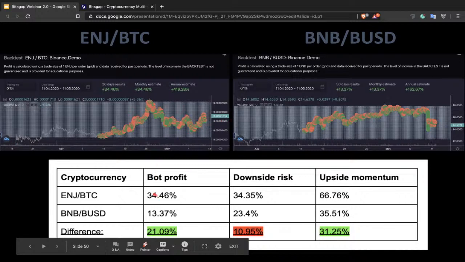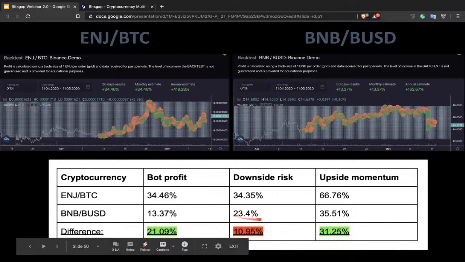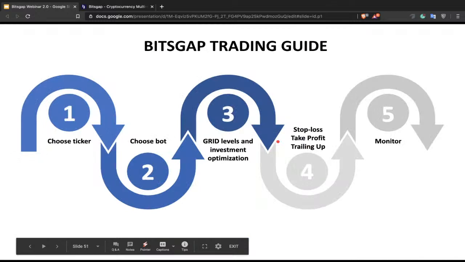So once again, for higher returns, it's most likely that you will have to take a higher risk. And using backtesting, you can find those stocks that offer higher returns, or you can find those stocks like BNB that offer lower returns, but in this case they have lower risk. All right, as simple as that.